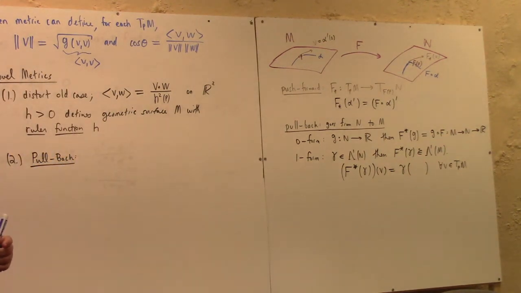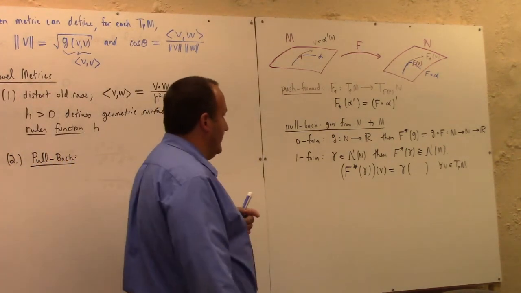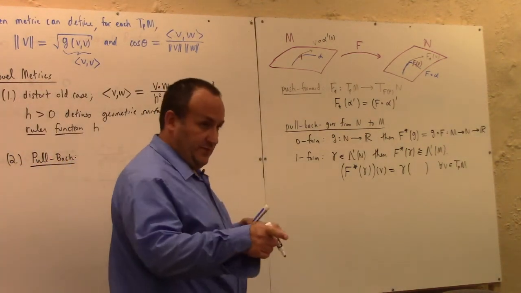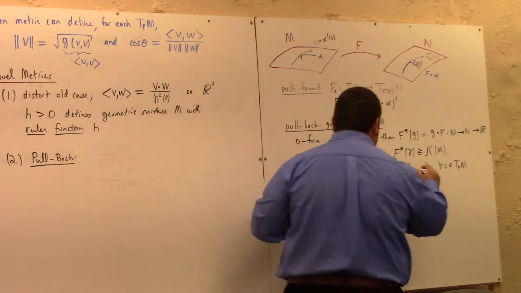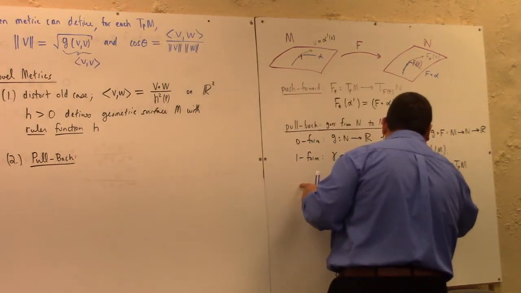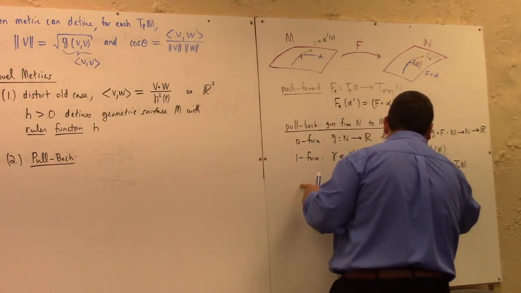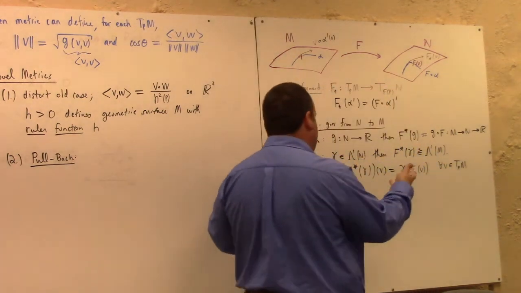V is a tangent vector to M. Well, then you just use F. Use the push forward, right? Use F lower star.